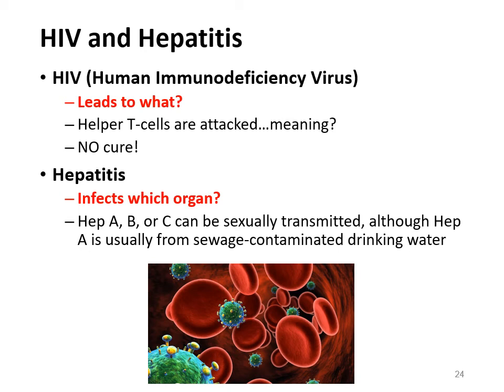This viral infection, the viruses attack your helper T cells, okay, meaning it's attacking your immune system, greatly reduces the number of white blood cells you have to protect your body, and eventually when your immune system is very low with very few helper T cells, then you become categorized as having AIDS, which is the acquired immunodeficiency syndrome. So the infection is HIV, but when you have the lessened immunity, that is then AIDS.